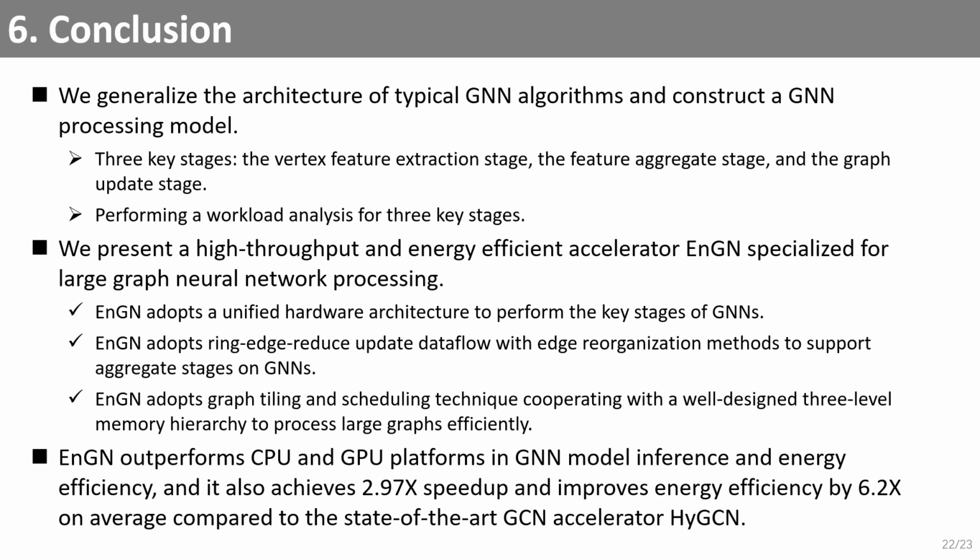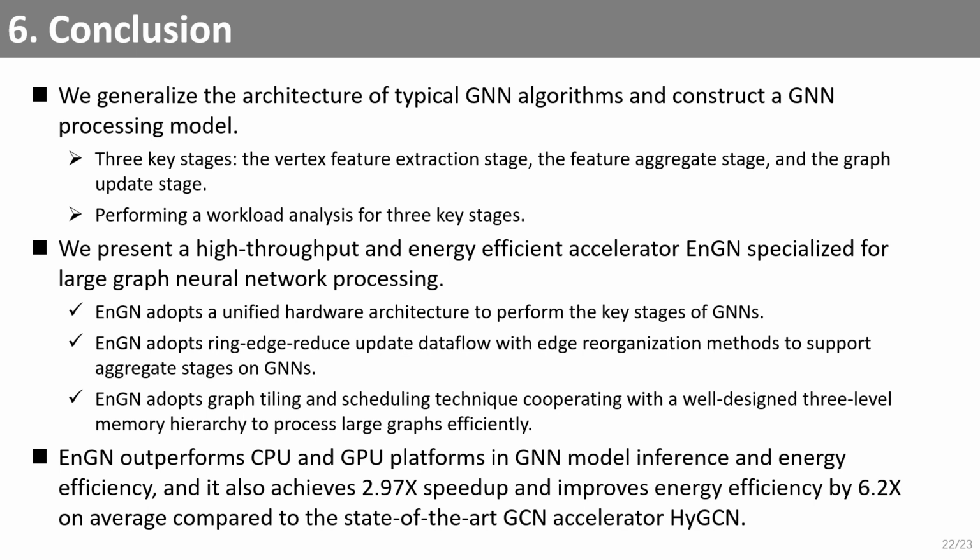EnGN adopts a unified hardware architecture to perform the key stages of GNN and the ring-edge-reduce data flow with edge reorganization methods to support the aggregation stage on GNNs, graph tunneling, and scheduling technique, cooperating with the well-designed 3-level memory hierarchy to process a large graph efficiently.